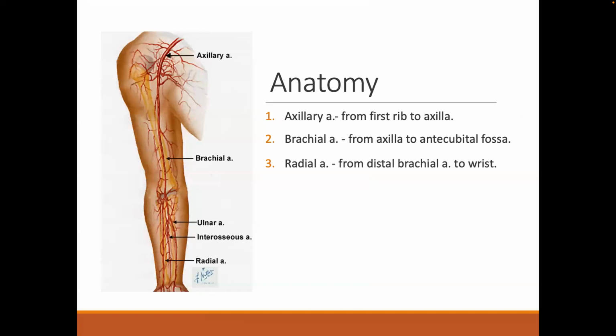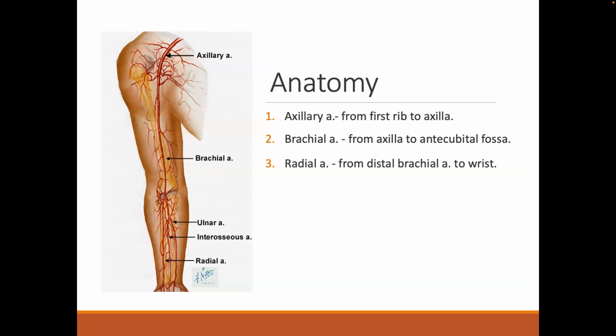The brachial artery extends from the margin of the teres major muscle. It goes down the upper arm and ends about 1 centimeter distal to the antecubital fossa. So it's going to bifurcate past the bend of the elbow. And it bifurcates into the radial and the ulnar arteries.